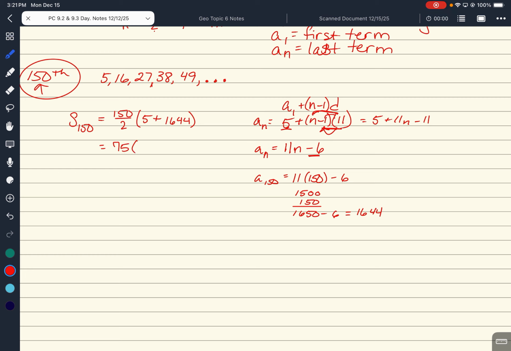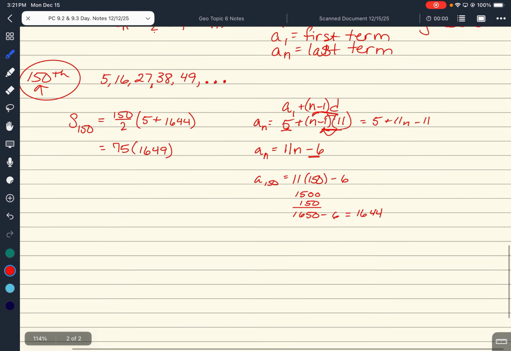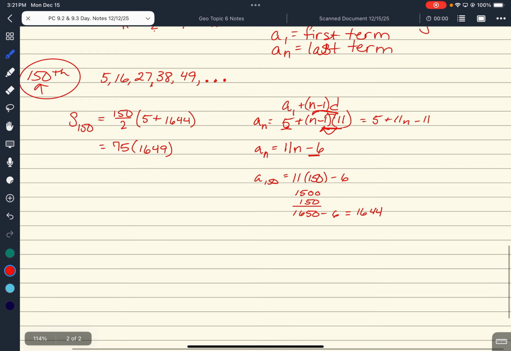Then 1649, and then I get to multiply it. No, you have to add 5 because it says plus 5. You're right.